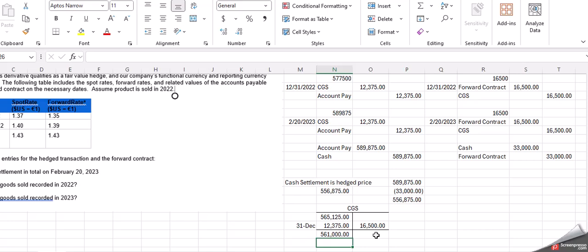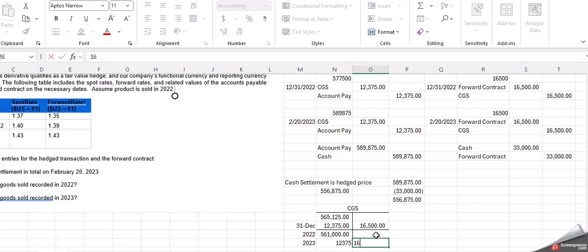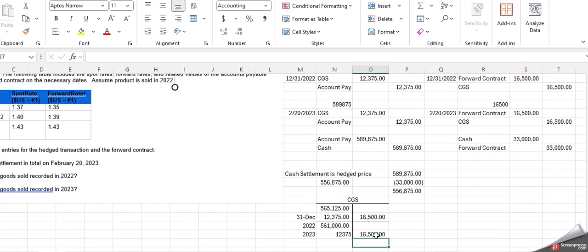So that would be my cost of goods sold for 2022. Then in 2023, I true it up. I have those final entries. So I have 12,375 when I true up the accounts payable, and then I have 16,500 when I true up that forward contract, and I get it up to what the current rates are.